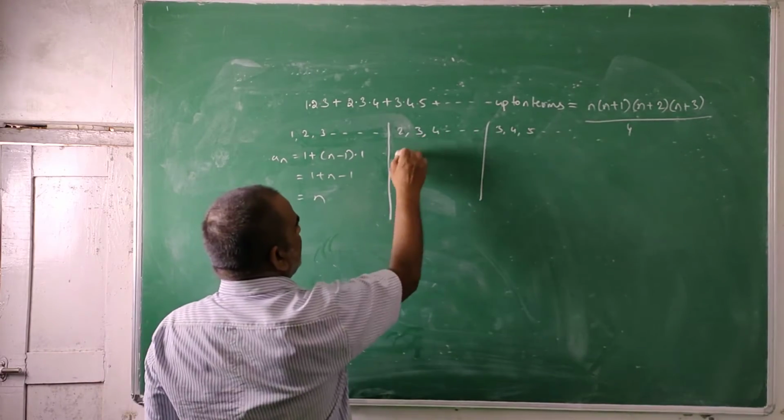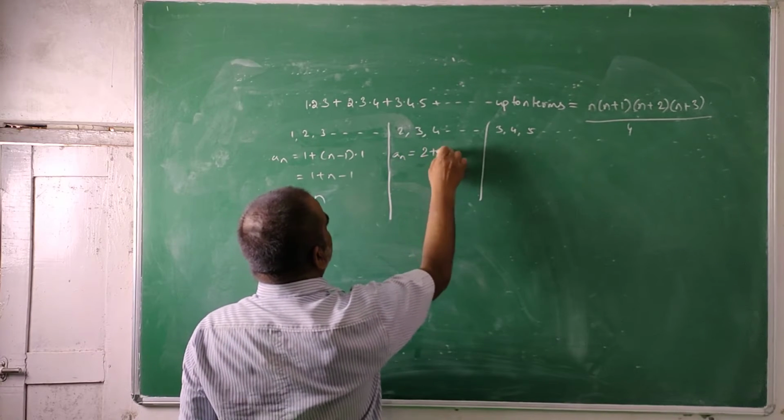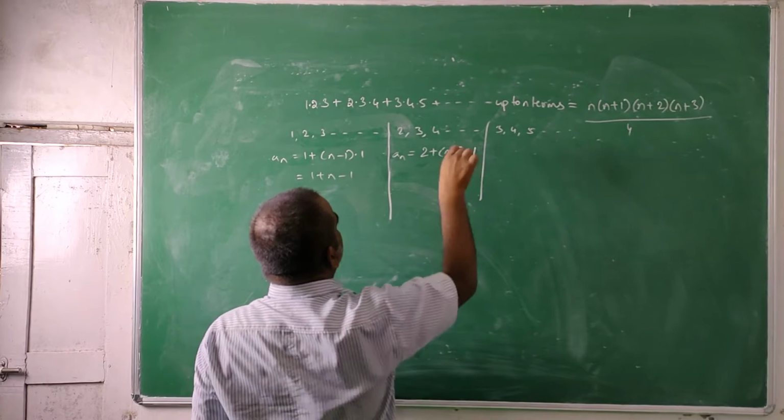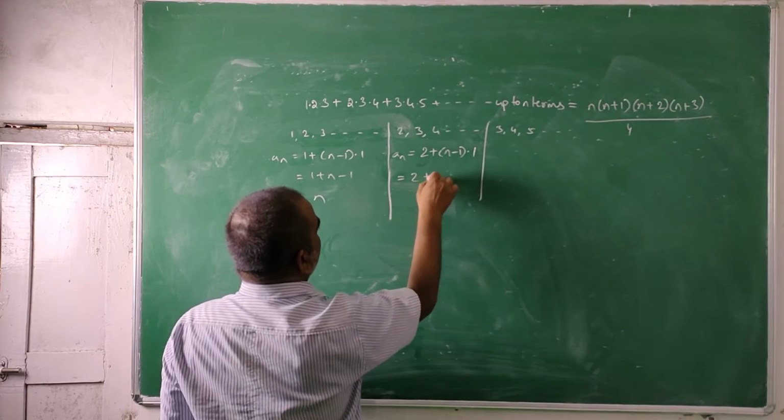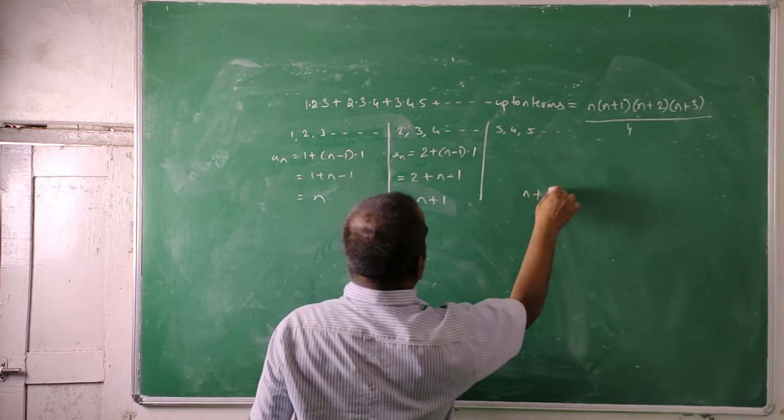For the middle factors, an is 2 plus n minus 1 into d, with d is 1: 2 plus n minus 1, which is n plus 1. Obviously, here you get n plus 2.